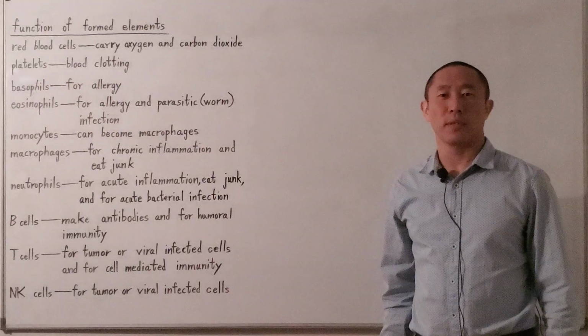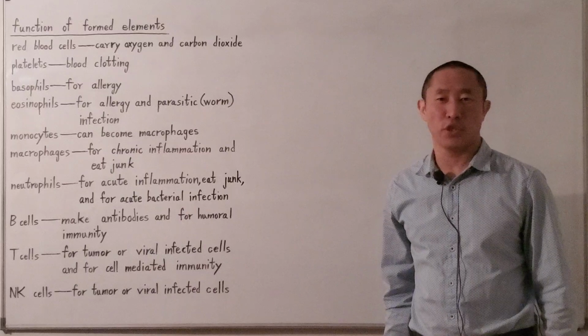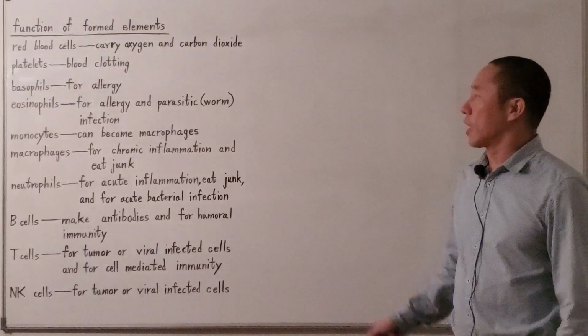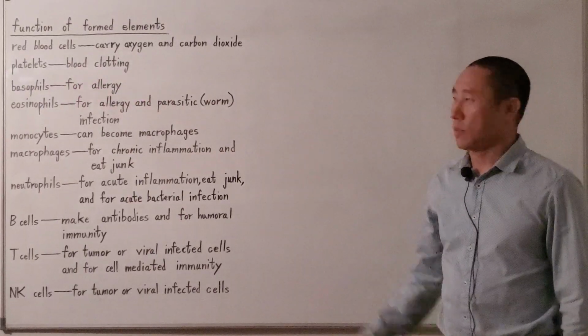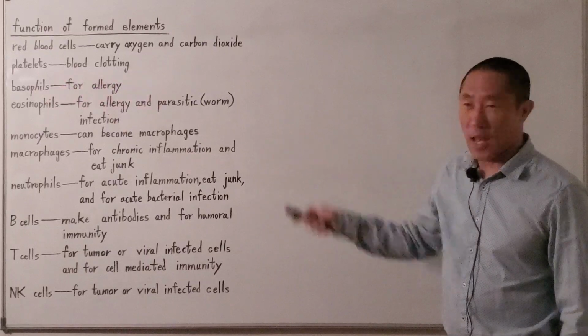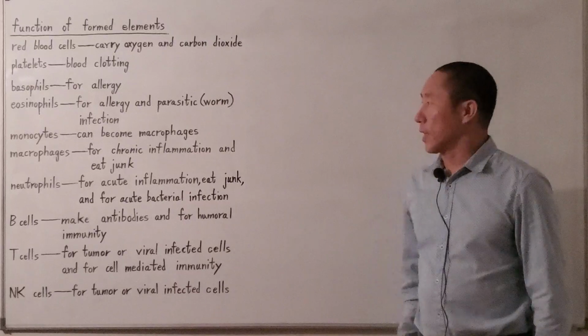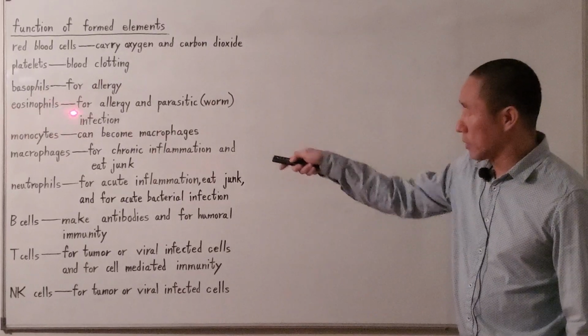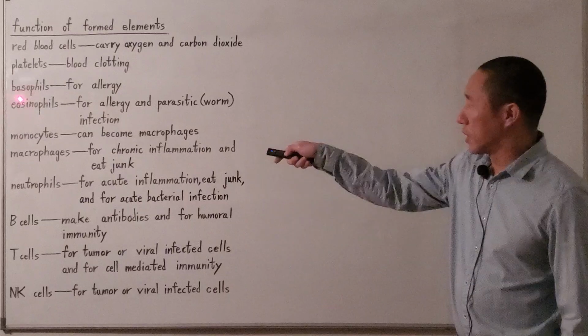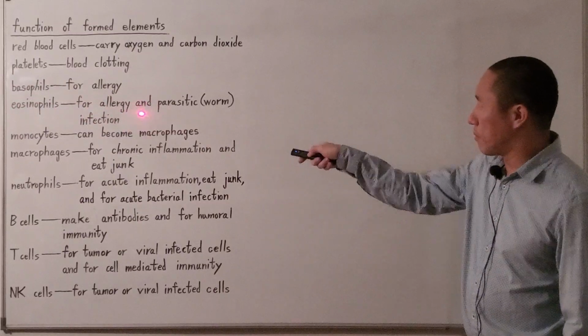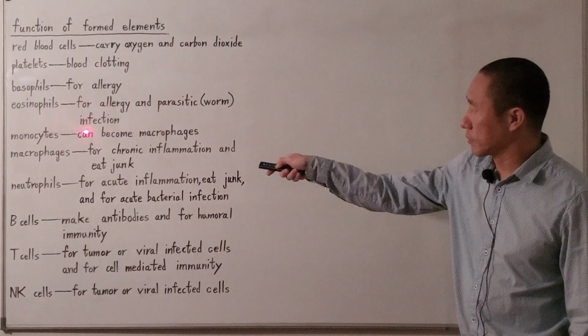Now basophils are important for allergy. So how can we remember that basophils are important for allergy? We go ahead and say, I am allergic to basil. So allergic for allergy, basil for basophil. Okay, now eosinophils are important for allergy and parasitic worm infection.